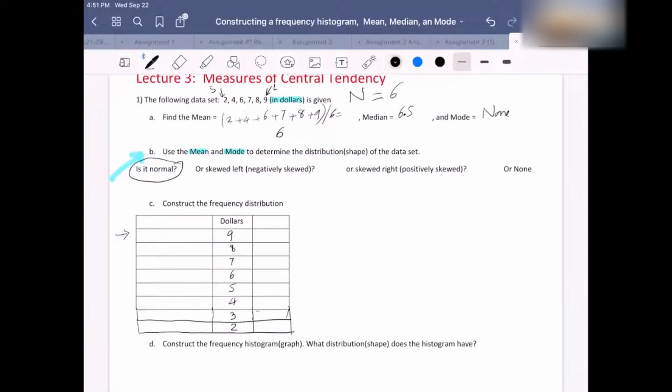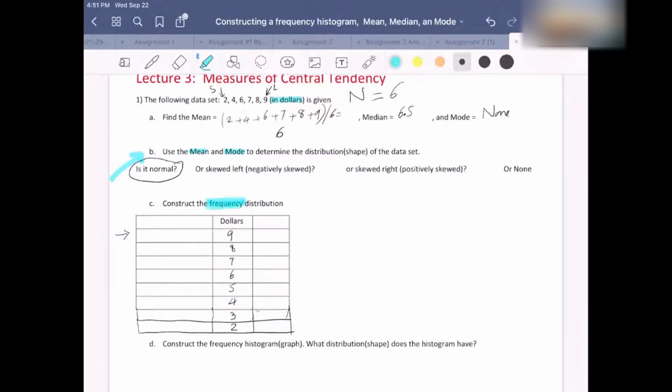All right, next. In order for you to construct the frequency distribution, what do you need next, everyone? Good guess, Kiara, but look at whatever I highlighted over here.